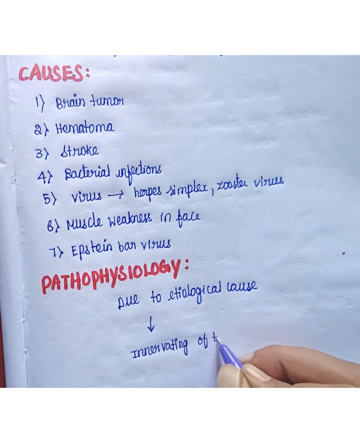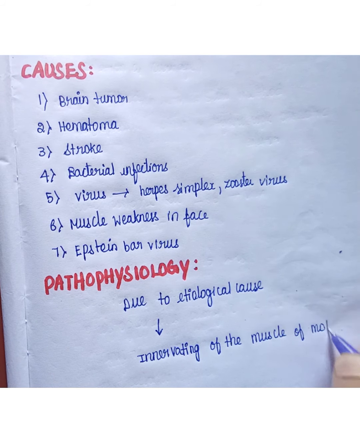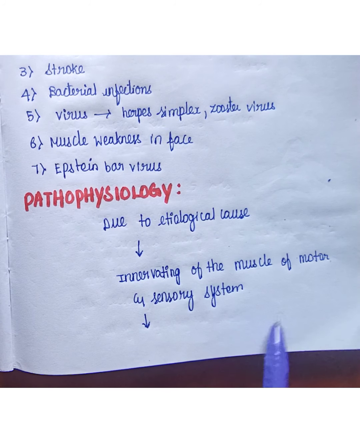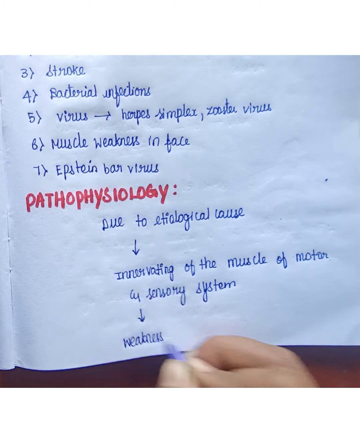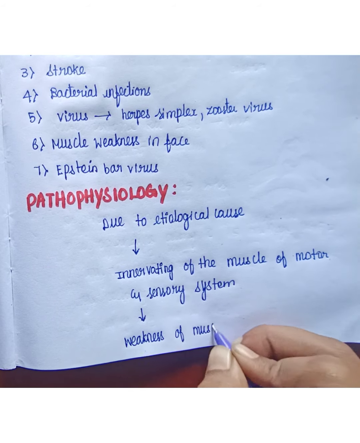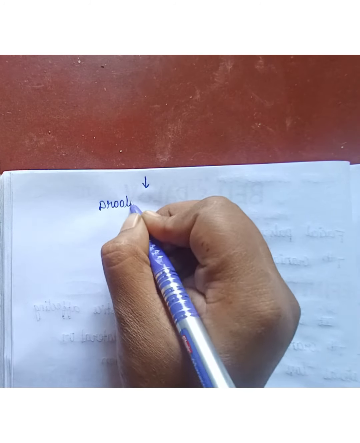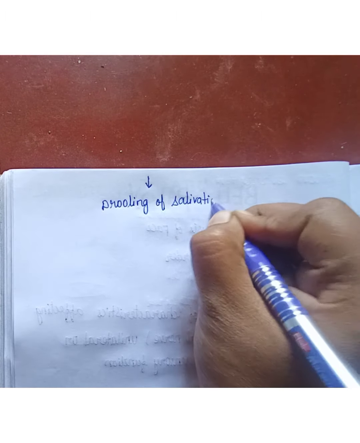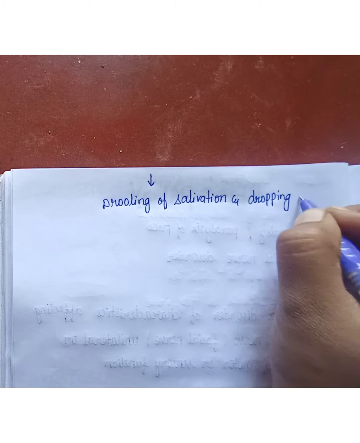Innervating of the muscle of motor and sensory system leads to weakness of the muscle. Due to weakness of the muscle, it leads to drooling of salivation and drooping of the eyelids.